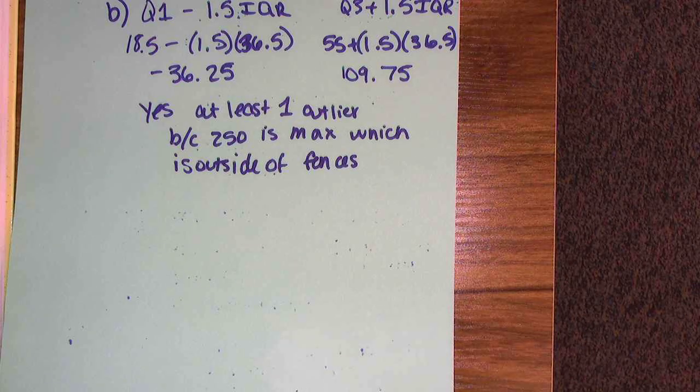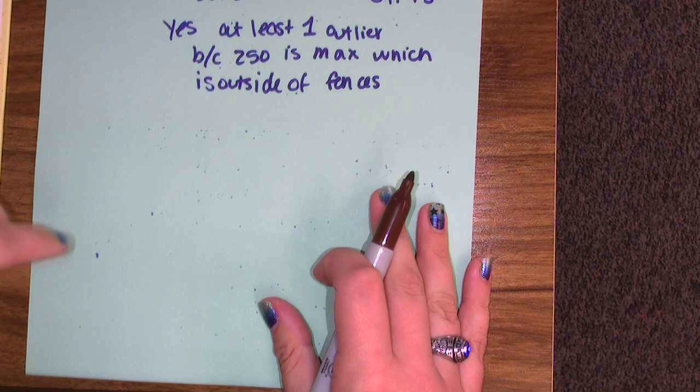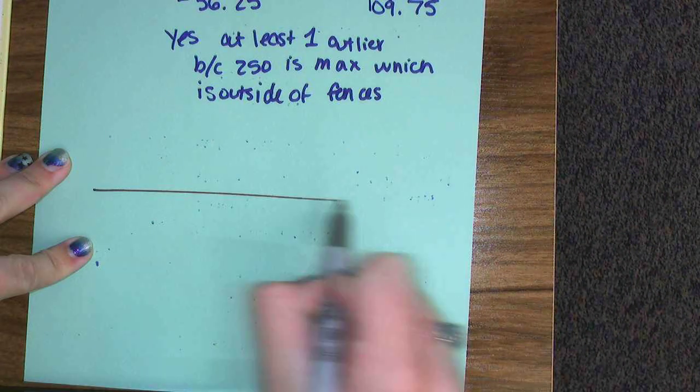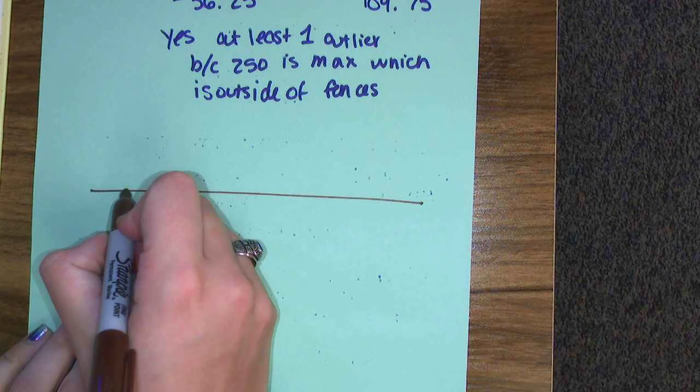And then the next one says to create a box plot for these data. Okay, so I go down as low as 6, so I'm just going to start at 0.